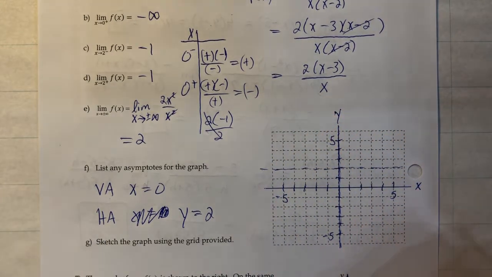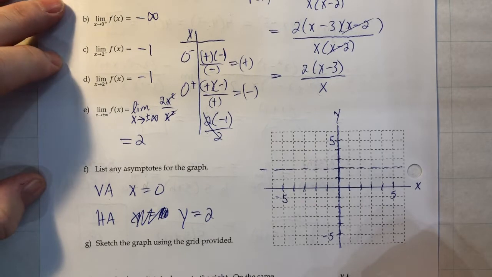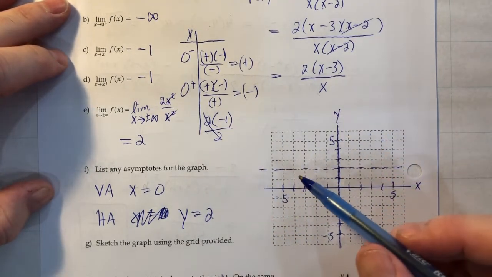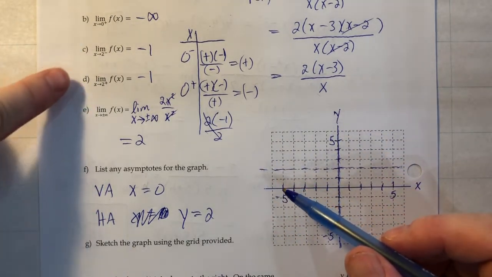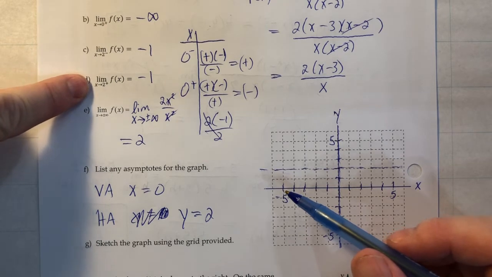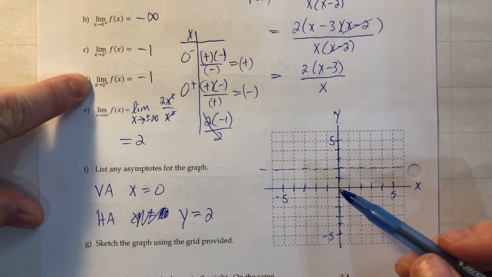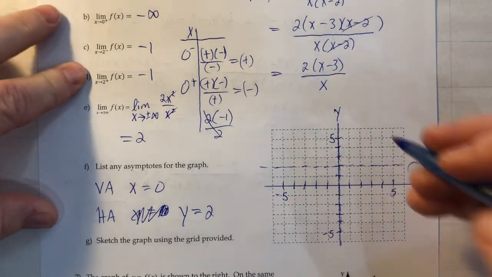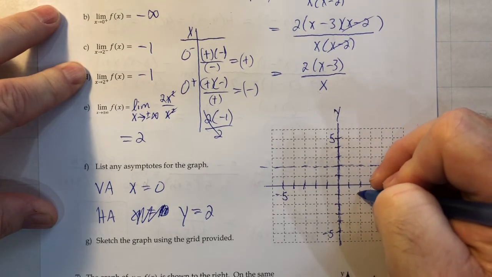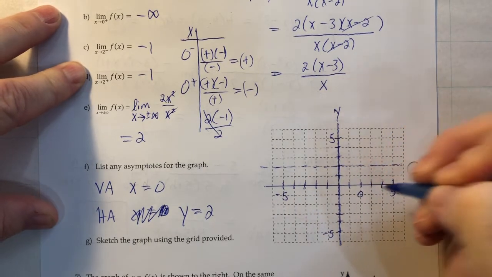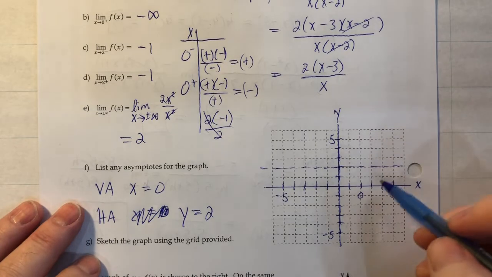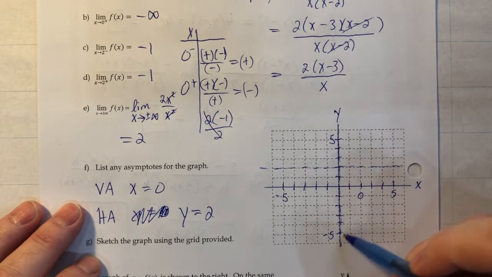And then let's start analyzing all the different stuff that we have going on besides that. So we do have that hole, and let's see what's going on there. As you approach 2 from the right or the left, the height is negative 1. So over 2, down 1, that's where our hole in the graph is going to be. And then we have this horizontal asymptote and this vertical asymptote.